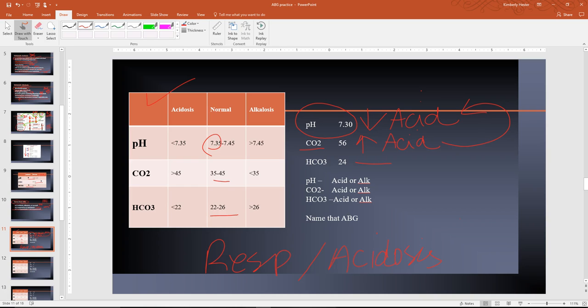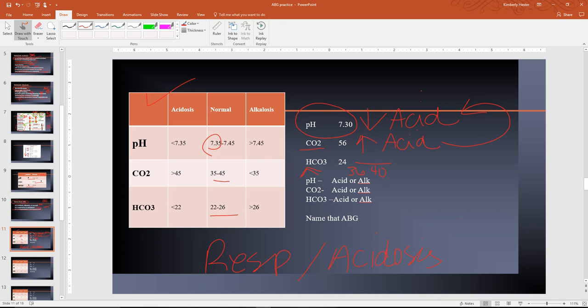So if we were going to say that this was compensated respiratory acidosis, the body would start increasing bicarb in order to help buffer off some of this acid. So you would see that maybe this bicarb would go, I don't know, 36, 40, somewhere.